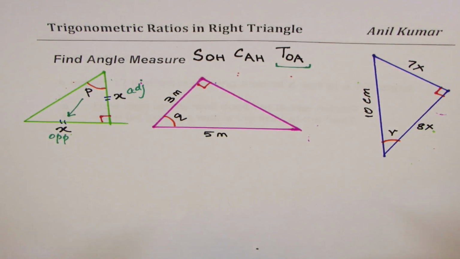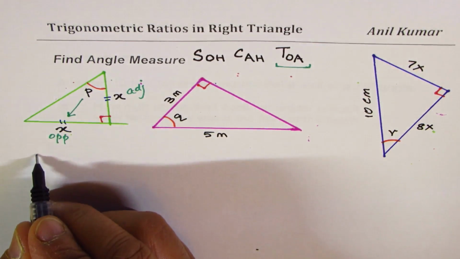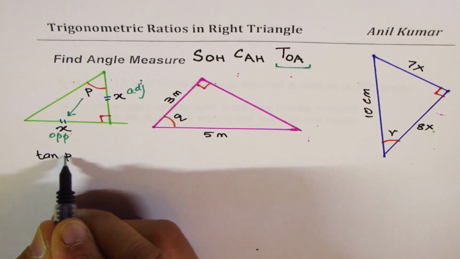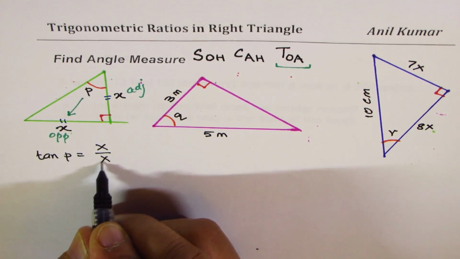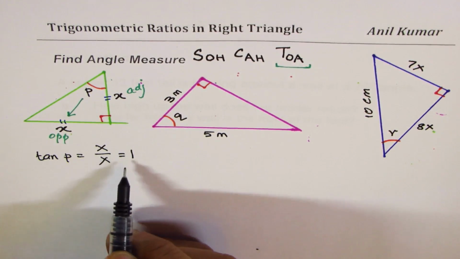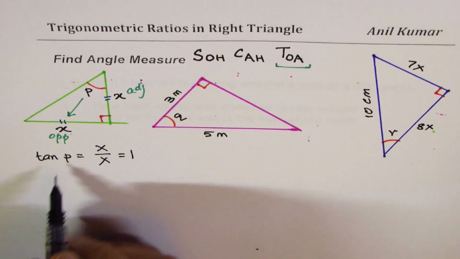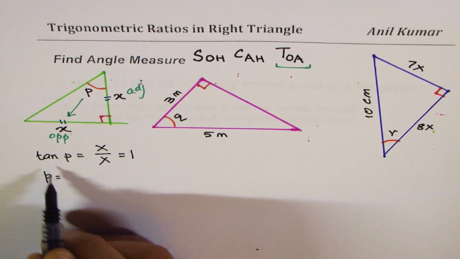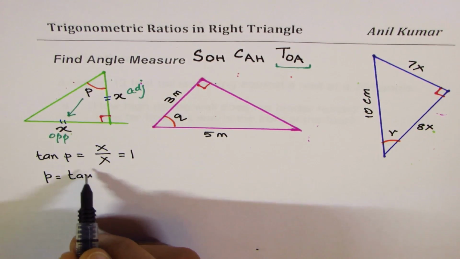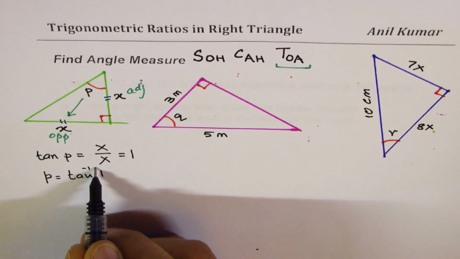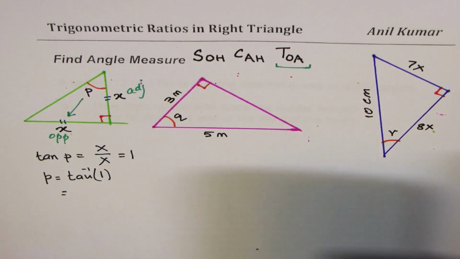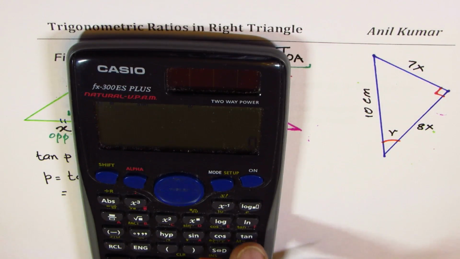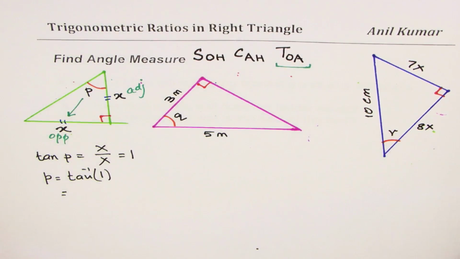Is that clear? So we decide on tan and we say tan P is equal to the ratio opposite to adjacent, both are x, the same side, which is 1. Now if the ratio is 1, it means what? Let's find P by taking the inverse of tan. So tan inverse of 1 is how much? Let's use the calculator. We have shift tan inverse of 1, and that gives you 45 degrees.